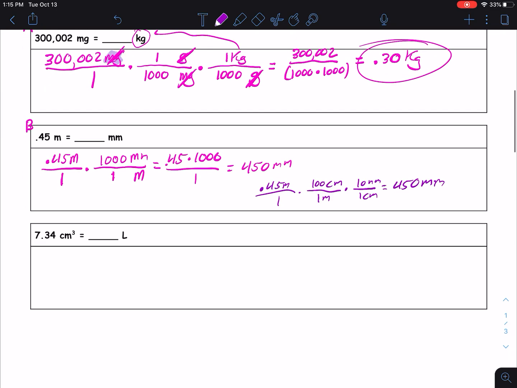So let's move on to letter C. Go through and try to solve this unit conversion now. For this unit conversion, what we're going to do is start with what we know, and put it over 1.